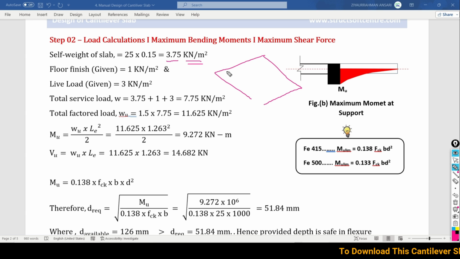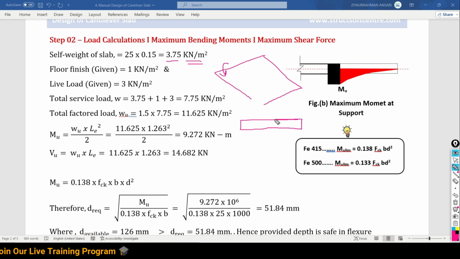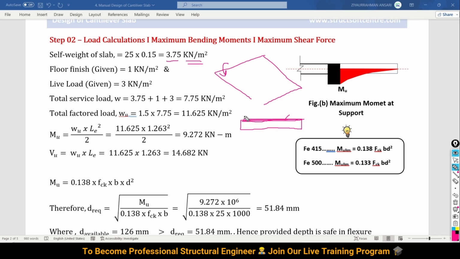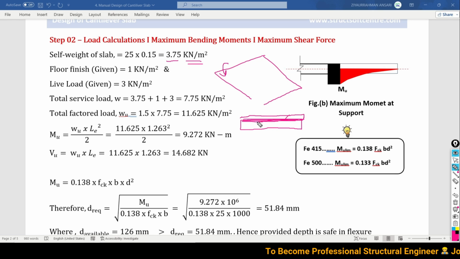Now this slab will be provided with the floor finish. Floor finish will include what? If suppose you are going to cast the slab, only the slab will not be the finished product. Obviously you might have seen the construction. After casting of the slab, we put the flooring materials, such as sand, and over that we put the flooring tiles, granite, marbles.